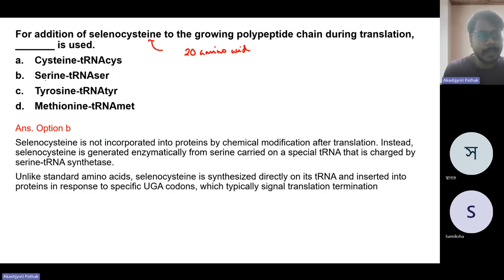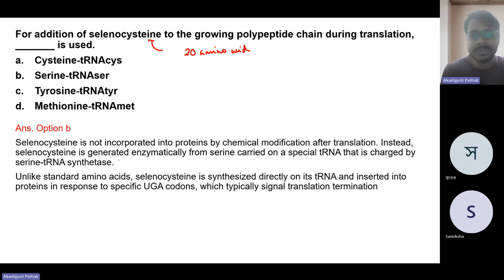So actually the answer is option B, serine tRNA synthetase. Selenocysteine is not incorporated into proteins by chemical modification after translation. Instead, selenocysteine is generated enzymatically from serine, carried on a special tRNA that is charged by serine tRNA synthetase.